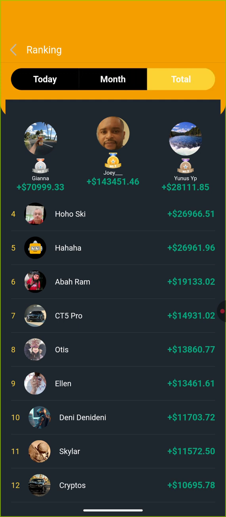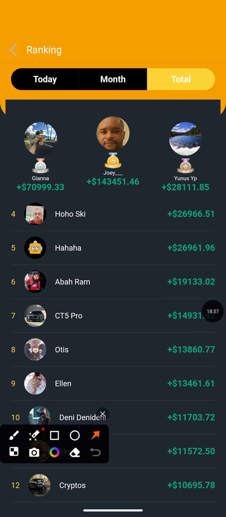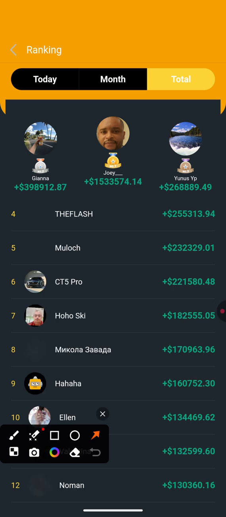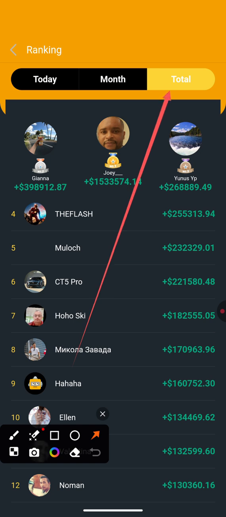When you tap on the total ranking, total means the total since ApolloBot started, the highest earners since ApolloBot started, right? The month means every month it resets. Every month it's a clean slate. Like for this month of December, and then in the month of January, it starts all over again. But the total gives you all the profits ever made since you started ApolloBot.